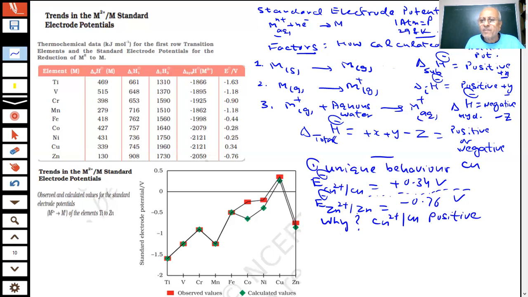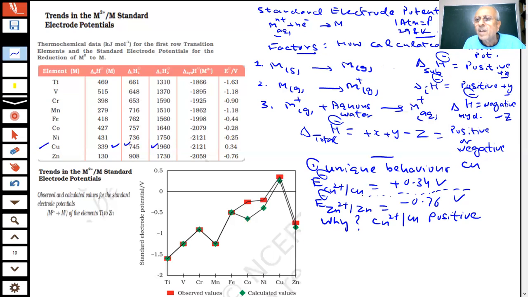What is the reason? What is happening here? What are the ionization energies? Let us see for copper. This is my first ionization, and this is second, delta H1. This is our sublimation. Where is copper? This value is 339. These values are quite high, and so are the sublimation enthalpy and ionization enthalpy for copper.